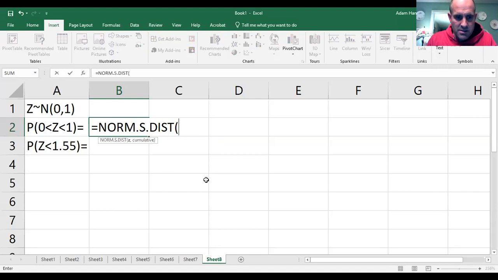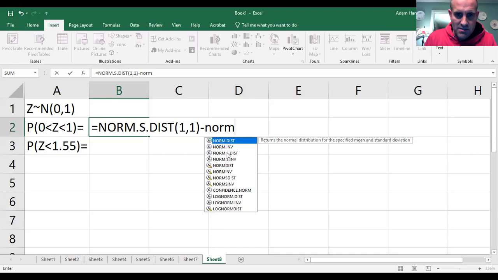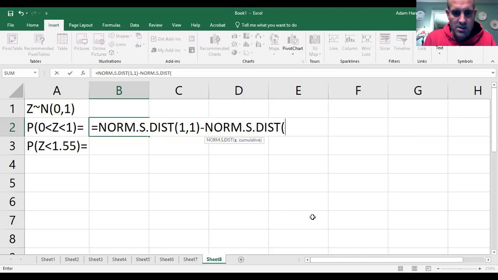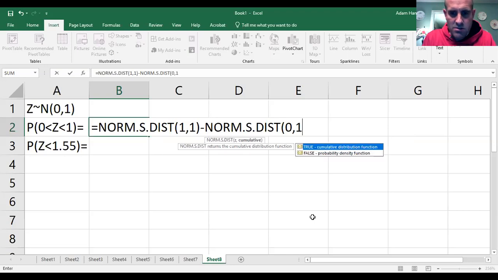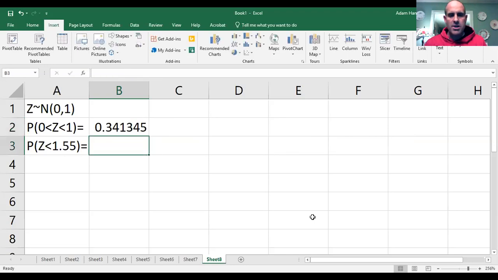Well, it's 1. Do I want it to be cumulative? Yes. Then I need to subtract off. Remember, this is going to take me all the way up to 1, and I don't want all of that. I want to get rid of the stuff before 0. I could either subtract 0.5 or I could just use the standard normal distribution again if I forgot that that was 1/2. So I subtract off the stuff up to 0, and I get exactly what I got from the table over there.